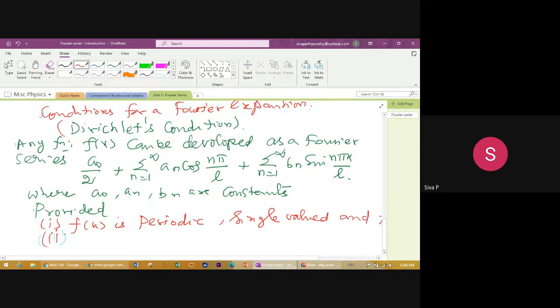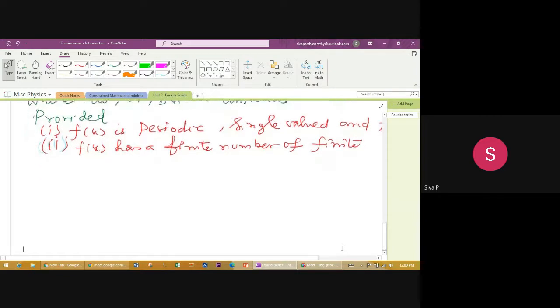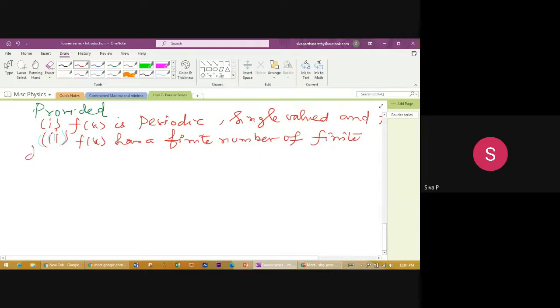Second point is f of x has a finite number of finite discontinuities in any one period, and has no infinite discontinuity.